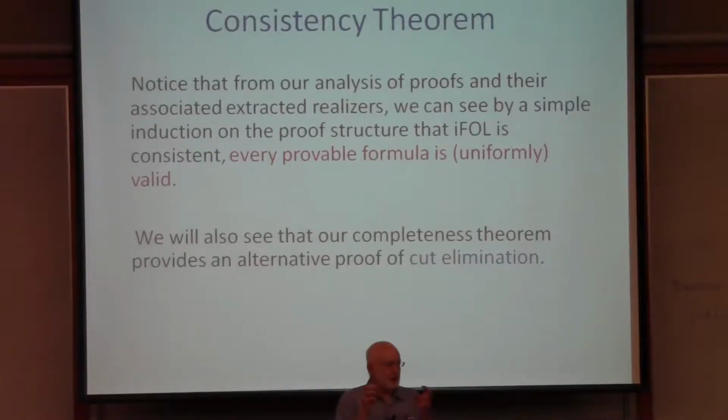So we know that all the provable formulas are true. And the technique of program extraction can be seen then as a consistency proof, a constructive consistency proof. And I think that's pretty cool already. So we have that result.